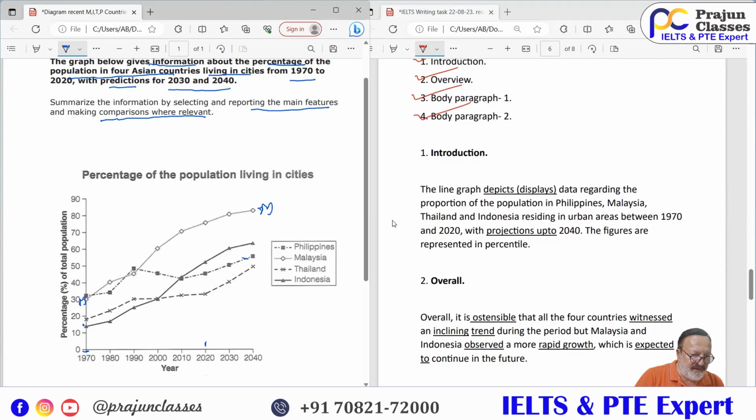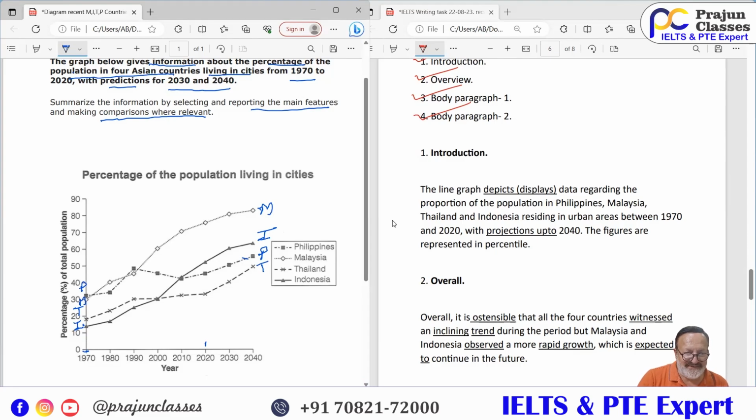So we put P here and P here. Then we have Thailand. Thailand has a cross. So this is T and cross. And lastly you have Indonesia, with a triangle. So Indonesia would be this one, yes. This is very important so that you do not get confused and write the wrong data.